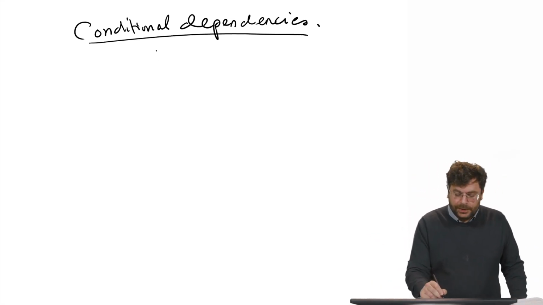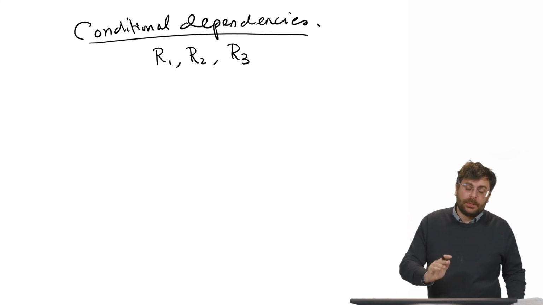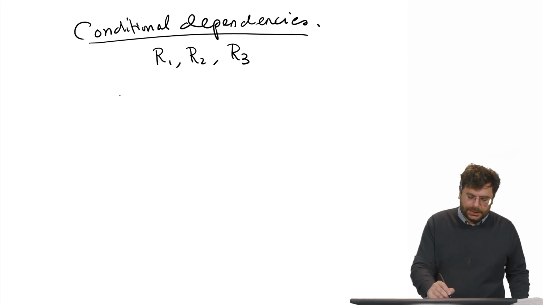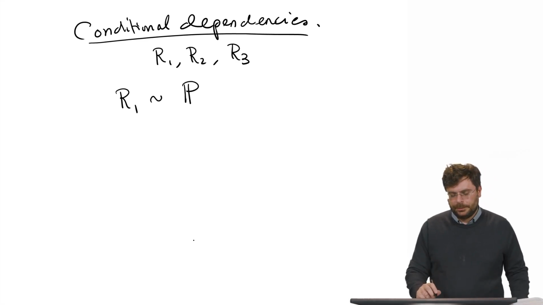Suppose that we have three random variables, R1, R2, and R3. And suppose that we want to draw samples from all three of them. Let's start off very simply. R1 is drawn from some probability distribution.